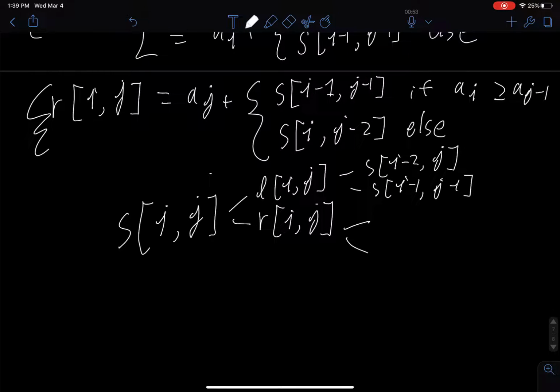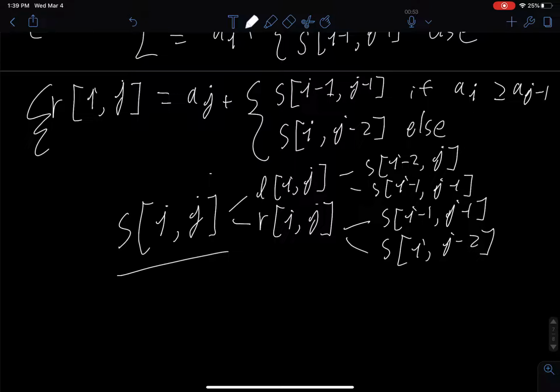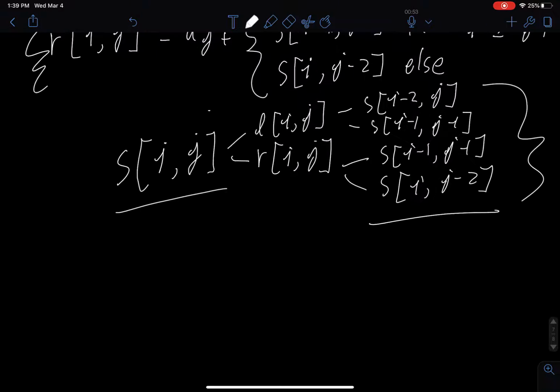What do we need to compute R sub ij? We need S sub I minus 1 j minus 1 and S sub I j minus 2. So to compute this one larger piece of information, we need these 4 pieces of information. Can we give a valid order in which to compute these 4 pieces of information?